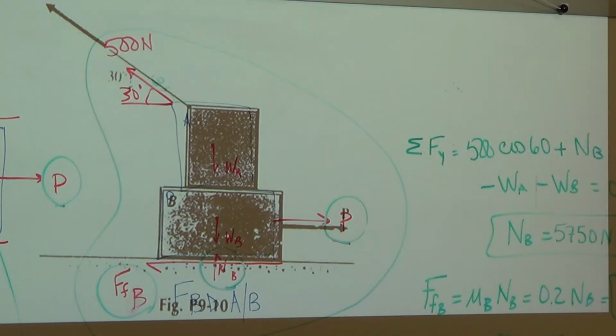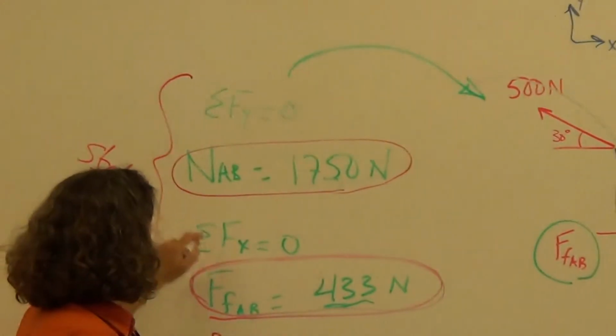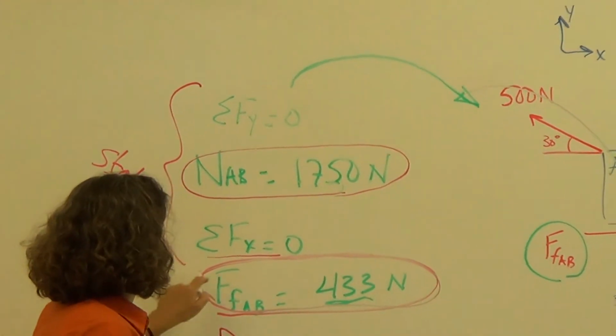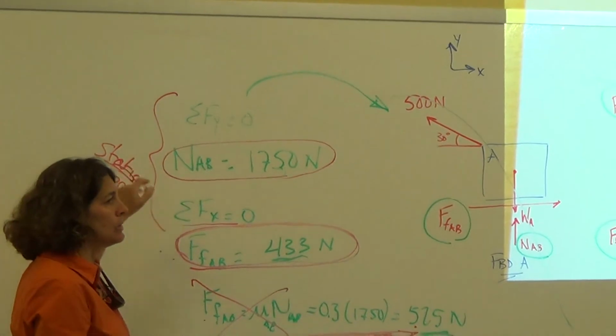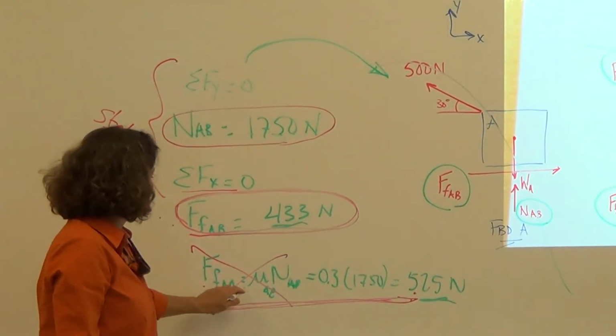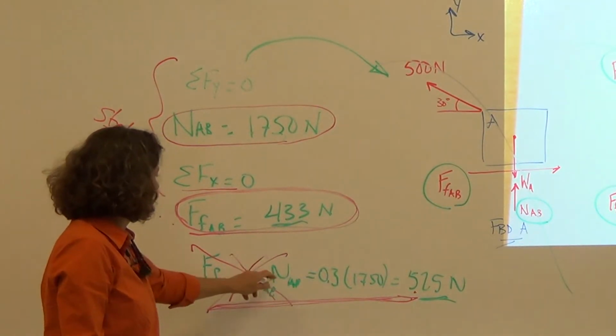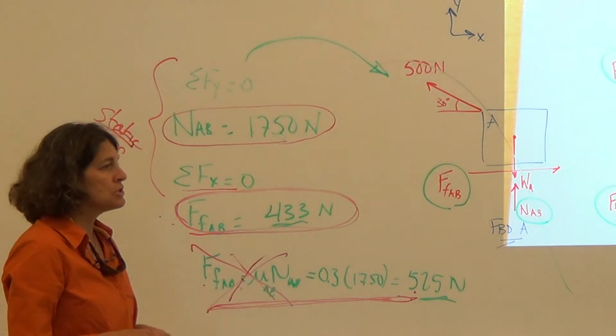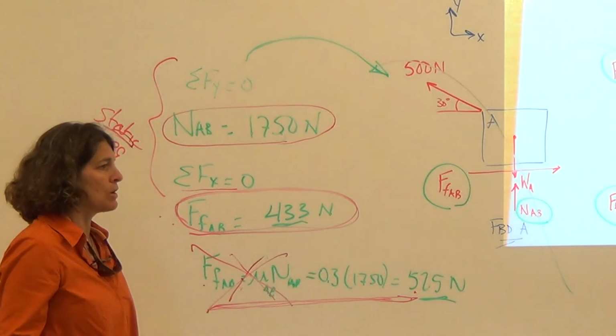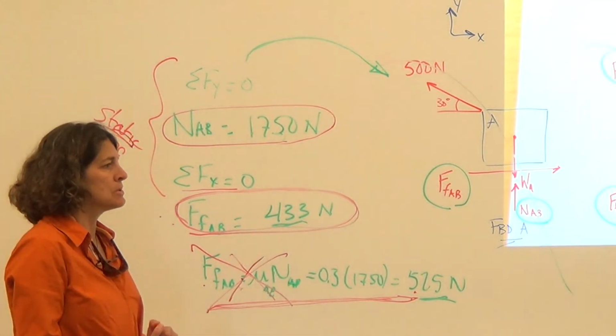When it was in static equilibrium, I found that NAB is equal to this. Static equilibrium, I found that the frictional AB is this. This is true. It's in static equilibrium. It's not moving. This is the one, when I did my check, I found out, shoot, there is no impending motion. So the statics equation always works, because we're doing statics problems.